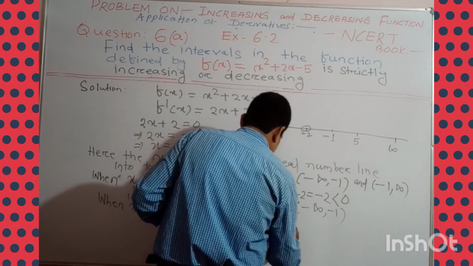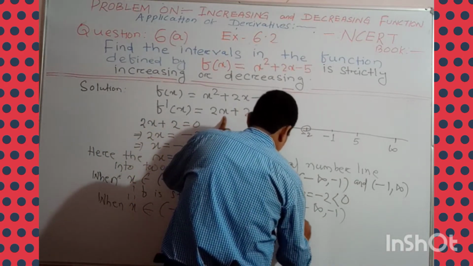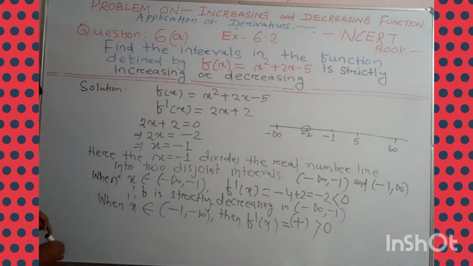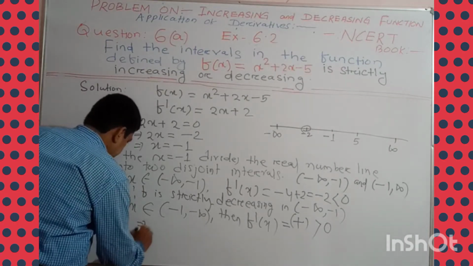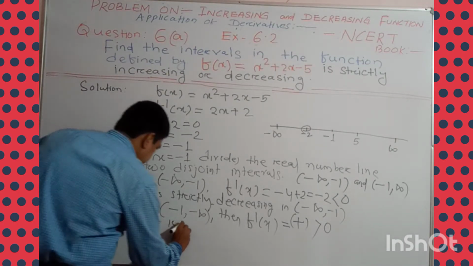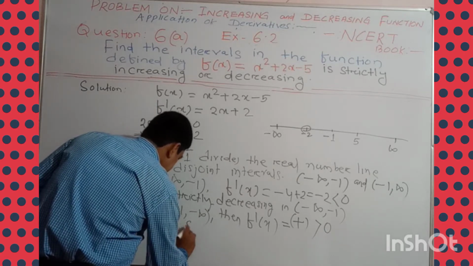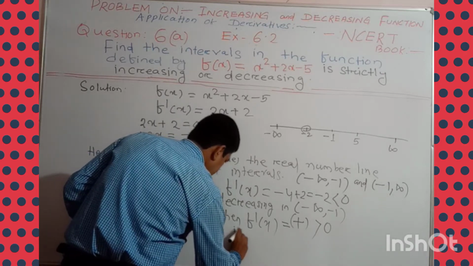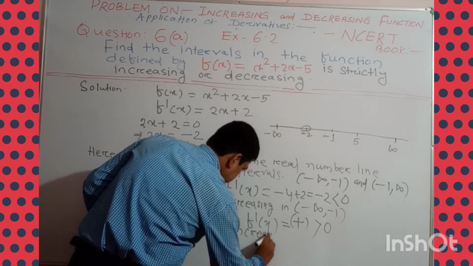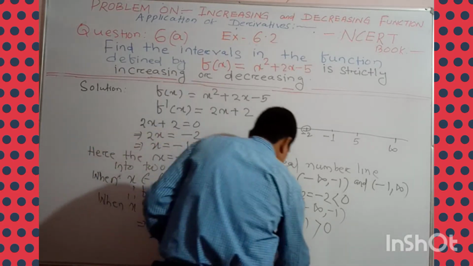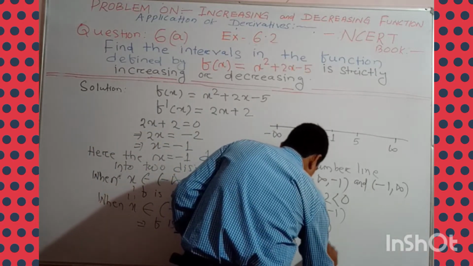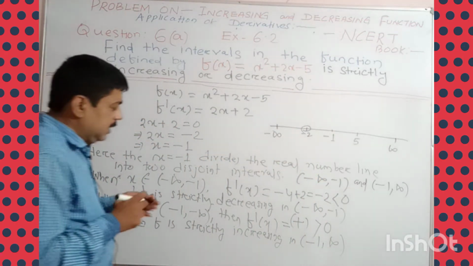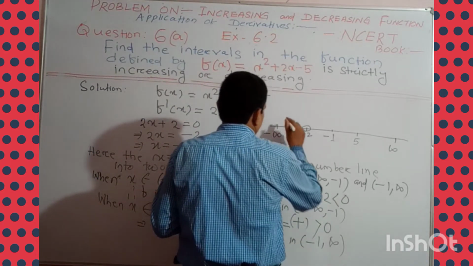Then f'(x) = 10 + 2 = 12, which is positive and greater than 0. Since the slope is positive, f is strictly increasing in the interval -1 to infinity.